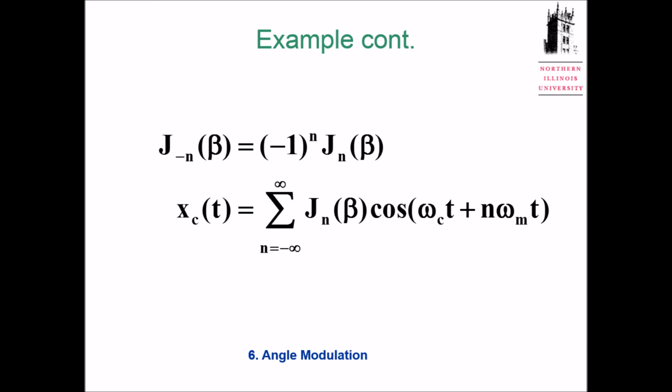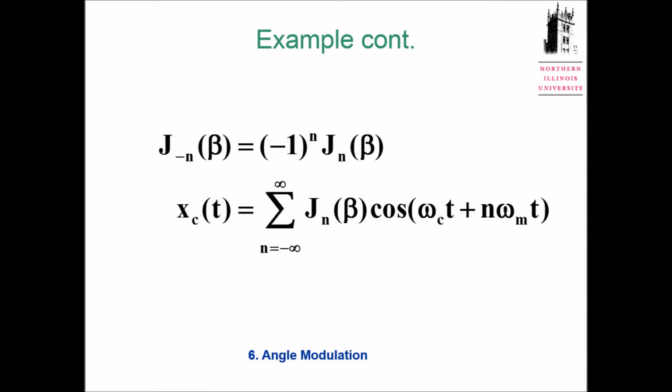For beta no longer a small number, we can write those two simplifications in terms of only the summation of Bessel functions. Combining everything together, if the message is a sinusoid, we have this.